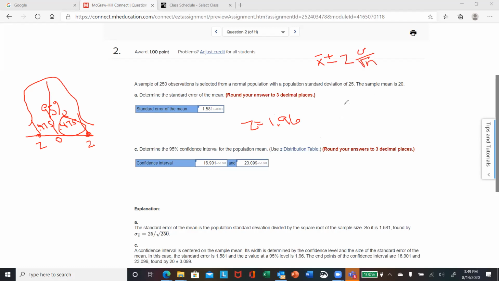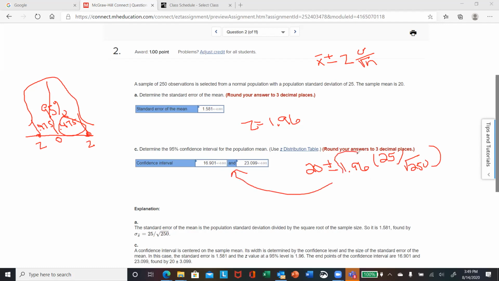So since we know that the sample mean is 20, you'll take 20 plus or minus 1.96 multiplied by 25 over the square root of 250. And then that's going to be your answer to how do you get these two numbers.